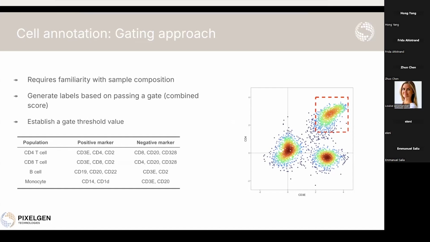So with knowledge of what lineage markers those cell populations express, you could compose a table which includes both the positive and the negative markers that are defined for these populations, and automate the annotation that way. But again, you need to be familiar with your sample and know what to expect.